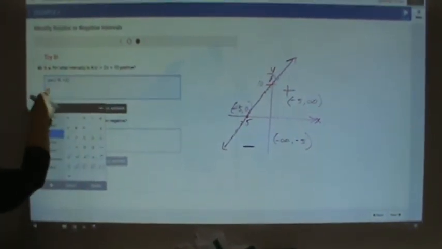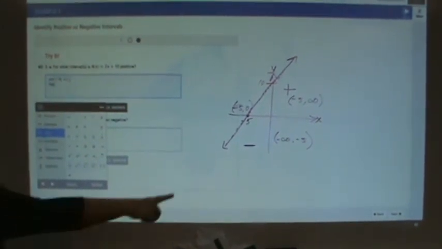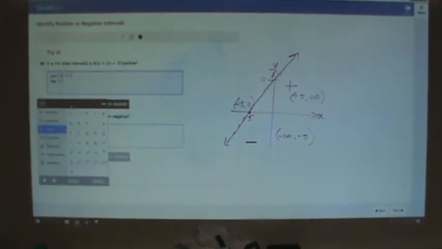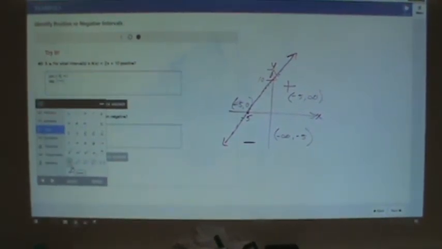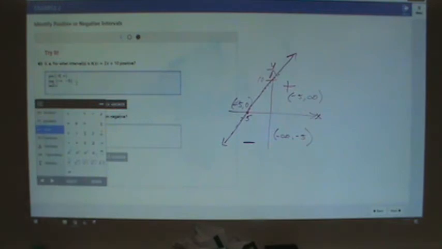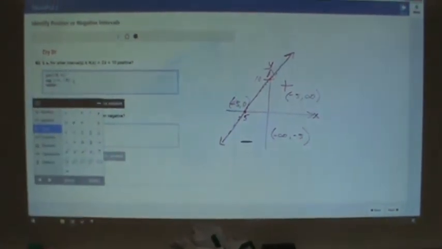Sorry. And come down here and put negative, colon, -infinity to -5. And then neither, you can put neither, N-E-I-T-H-E-R, -5.